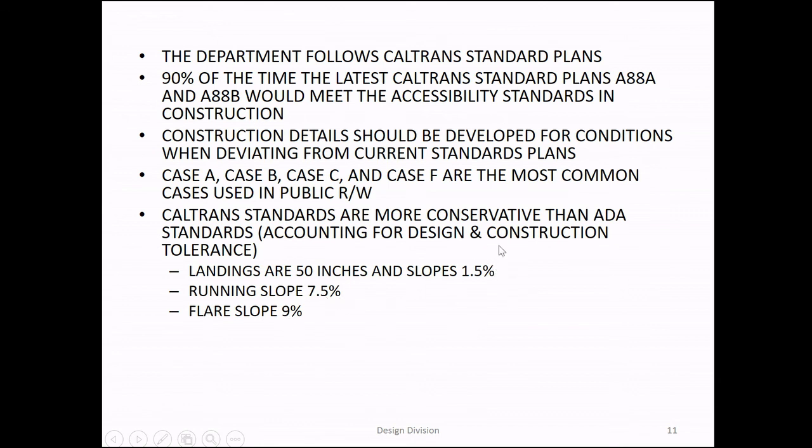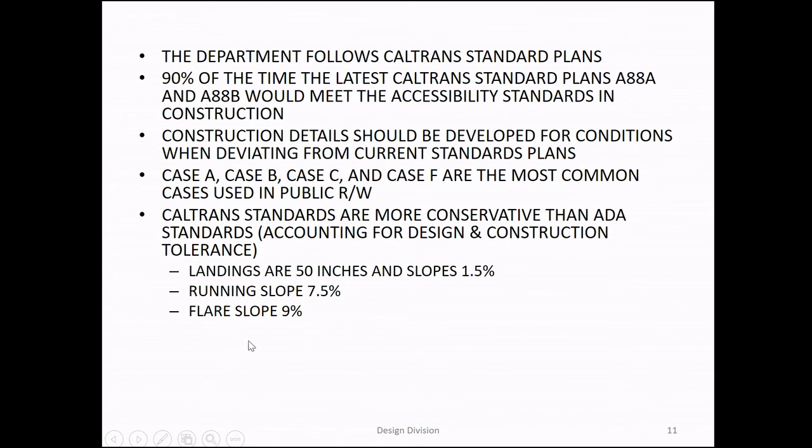So this is just for construction tolerance. And even with this, they're not constructing them to 2%. So make sure that we design to meet these minimums, especially if we are working within Caltrans jurisdiction.